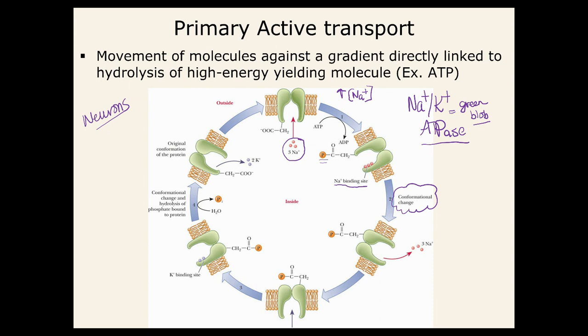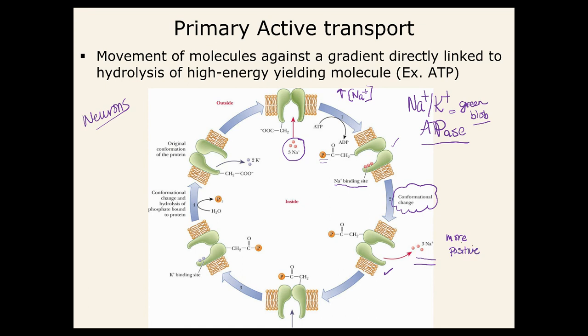Okay, and that conformational change, if you notice, the shape of the enzyme from here to here changes, and now the sodium ion gets on the outside. Okay, that over time is going to make the outside of the cell more positive because there's sodium out there.